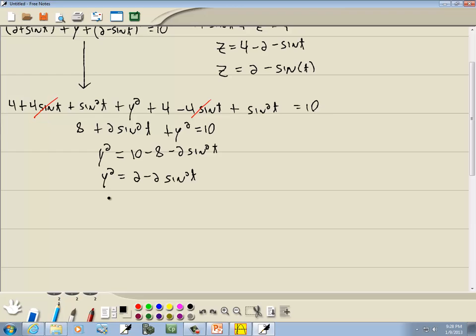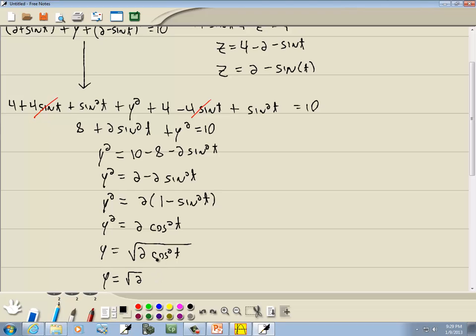I want to factor out a 2, and that leaves 1 minus sine squared, which is equal to cosine squared. 1 minus sine squared is cosine squared. Now we'll drop the square and put a square root around the other side. So y is equal to the square root of 2 times cosine t.